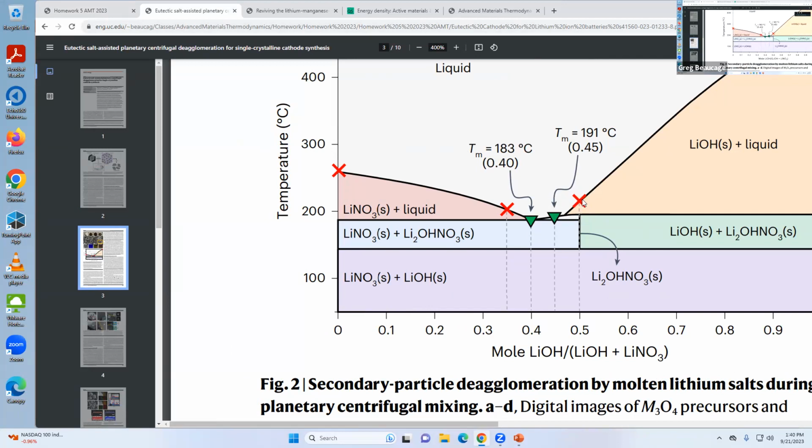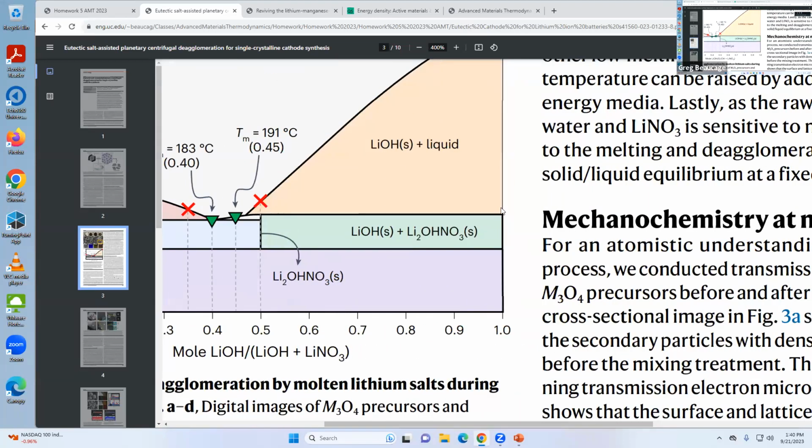At 0.5 at 300, then you're going to cool down. And then here, it's going to be in equilibrium with the pure salt, pure LiOH, which is just a single spot there. So it forms that phase.